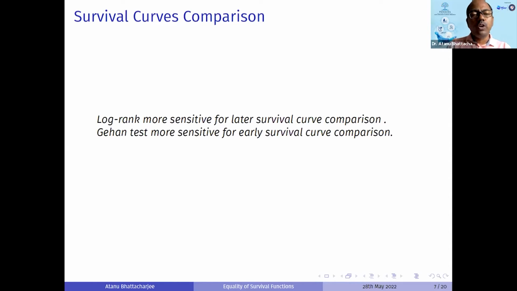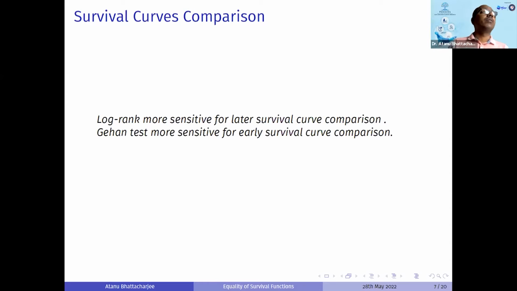Quite often we use the log rank test because it is the most used, as we are much more interested in the final outcome or final comparison, and the Gehan test is very rarely used because people are more interested in the overall survival curve comparison, so the later survival comparison makes more sense than the earlier one.